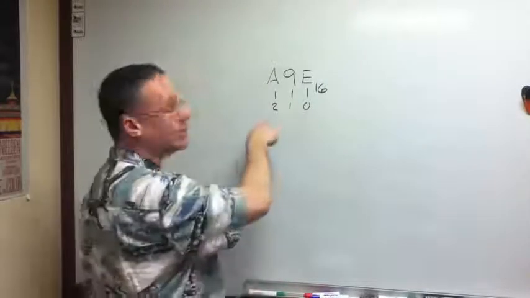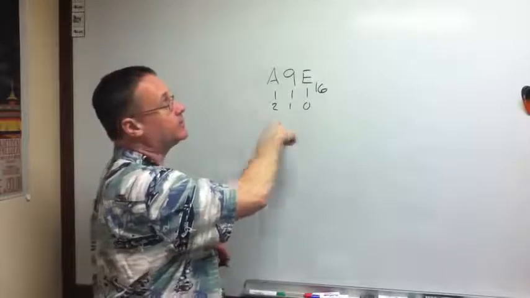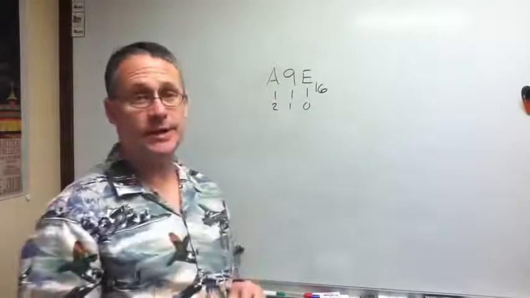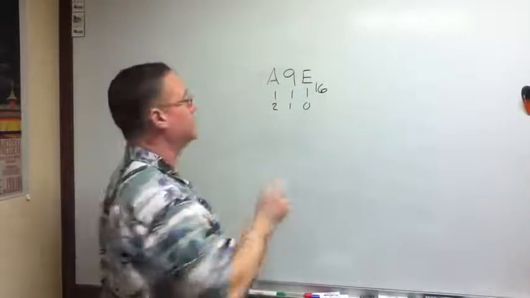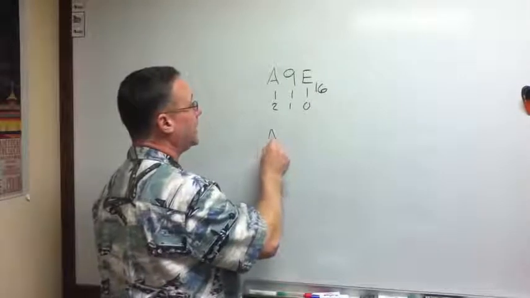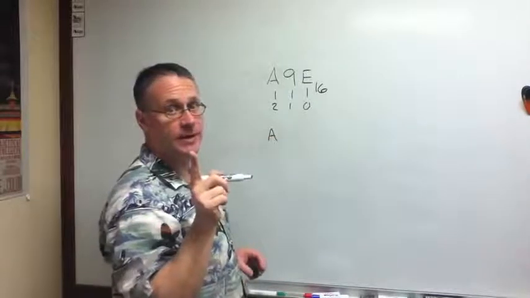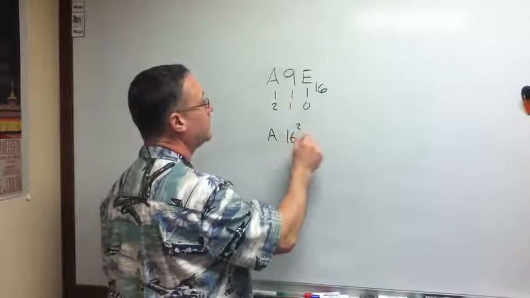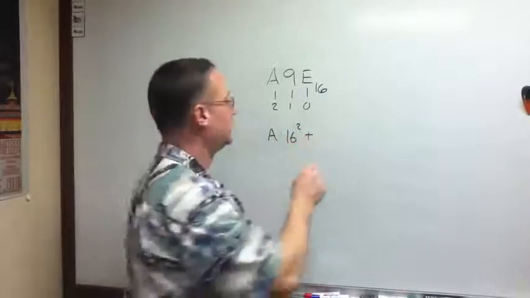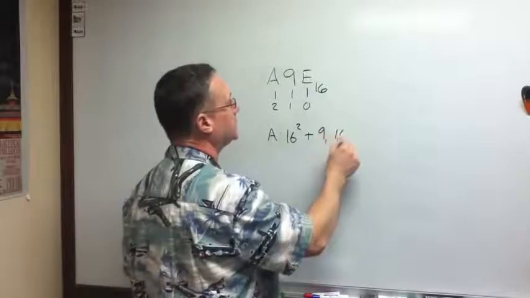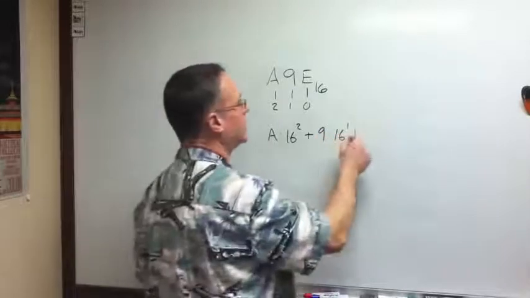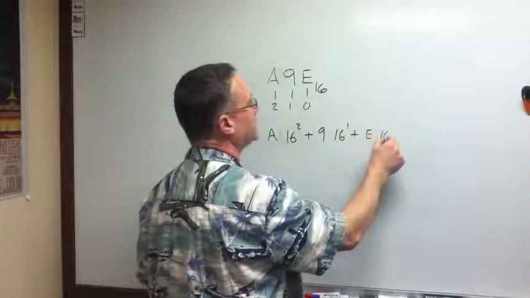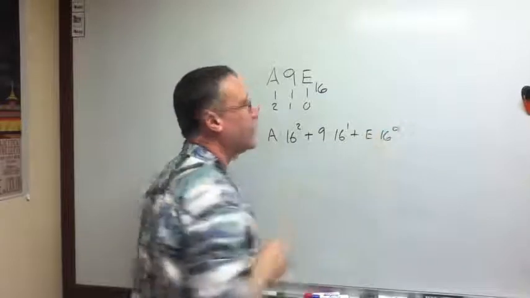So this numeral, if I want to convert it into decimal, goes like this: A, and we'll talk about what that is in a minute, times 16 squared plus 9 times 16 to the first plus E times 16 to the 0 power.